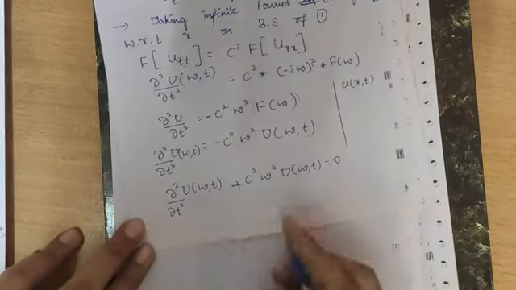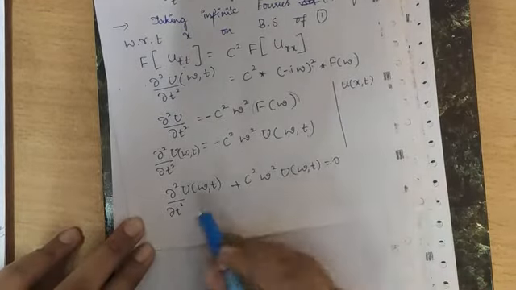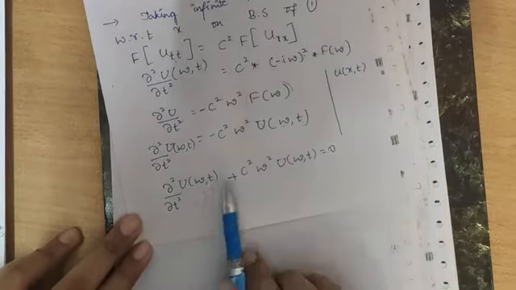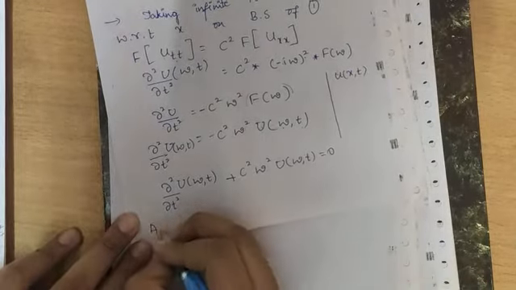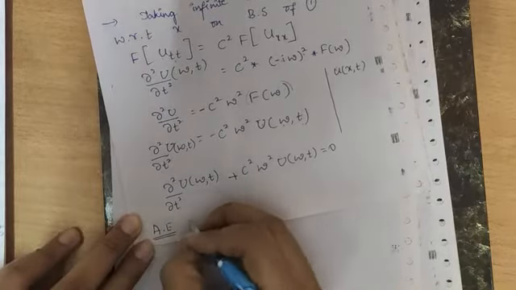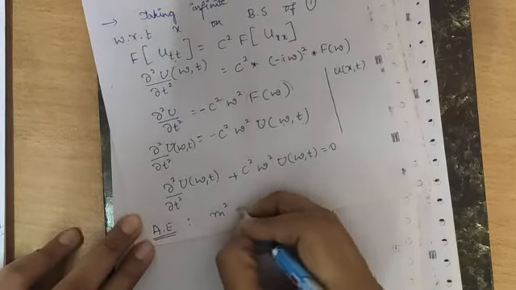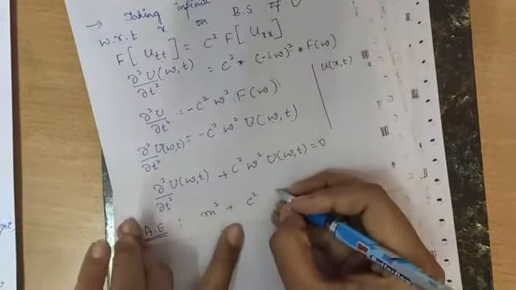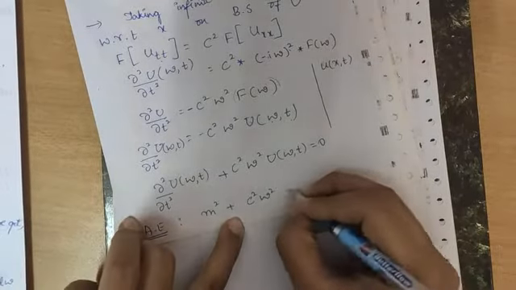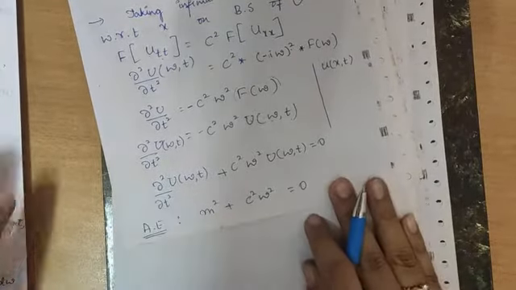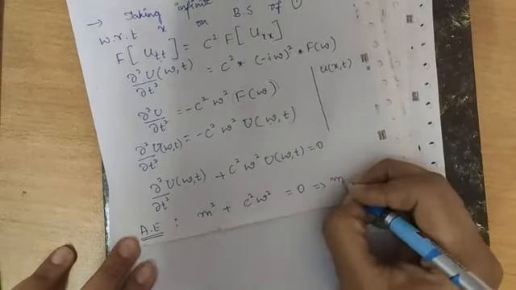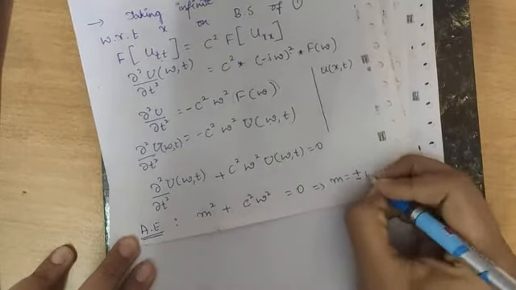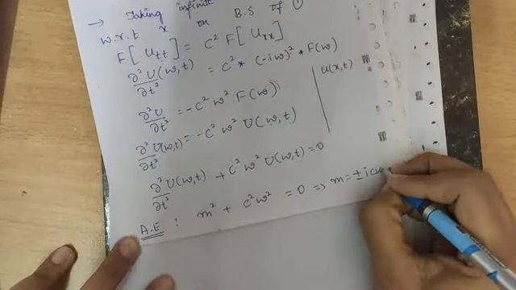So now this is in the form of a second order differential equation. For this you can write the auxiliary equation as m square plus c square omega square is equal to 0. So if you find the roots for m, you will get m is equal to plus or minus I c omega.